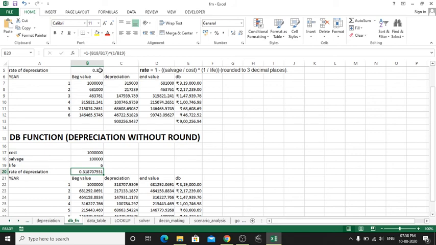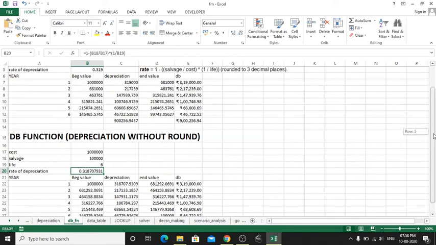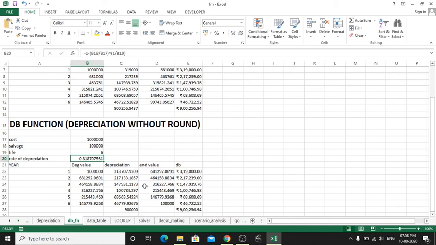So the difference is there itself. When we use the round function it was 0.319, and without using the round function it is 0.31870, like this value. So see the difference also. The beginning value is this cost, and the depreciation value is this value into this fixed rate.